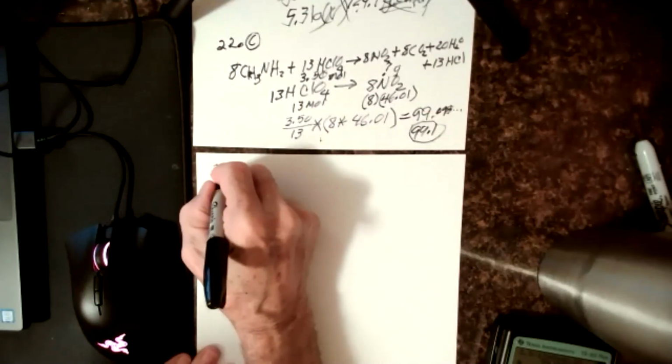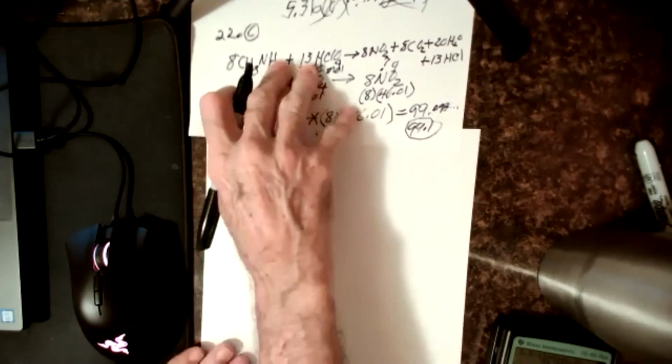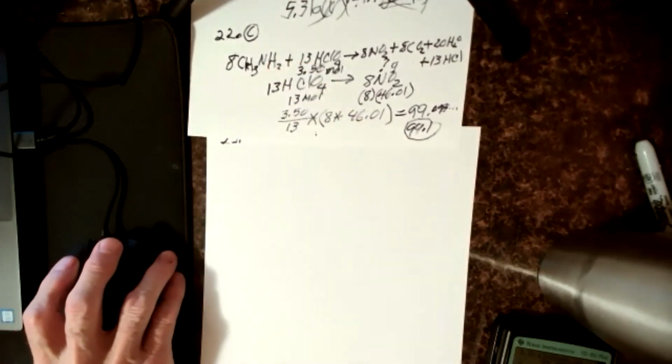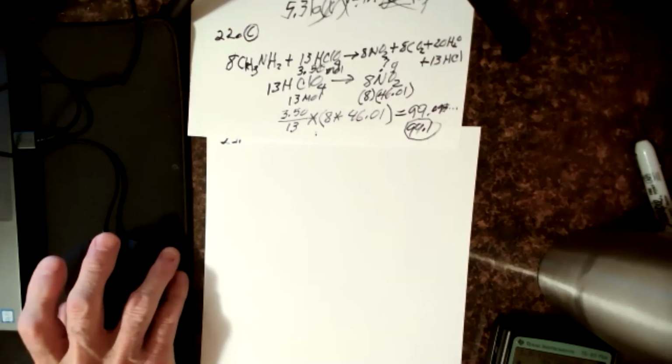23. Same equation, but this was saying what mass of water would form by the reaction of 3.5 grams of this.